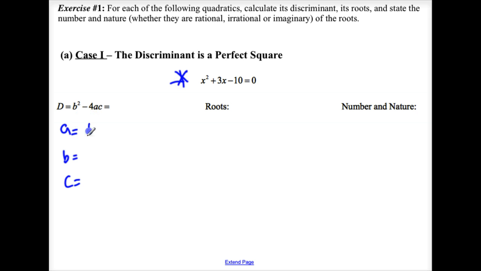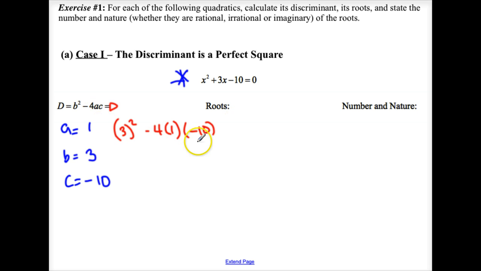So my a is 1, my b is 3, and my c is -10. So I want to put that in my discriminant, which is the piece that's under the radical. So this is equal to b squared, which is 3 squared, minus 4 times 1 times -10.